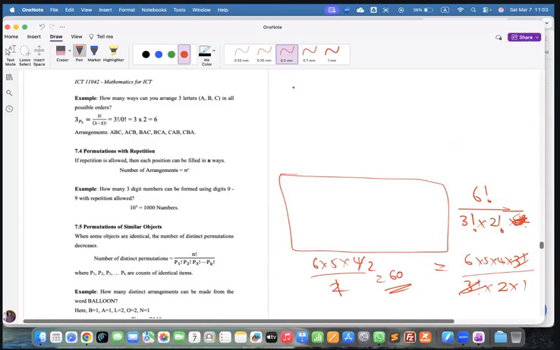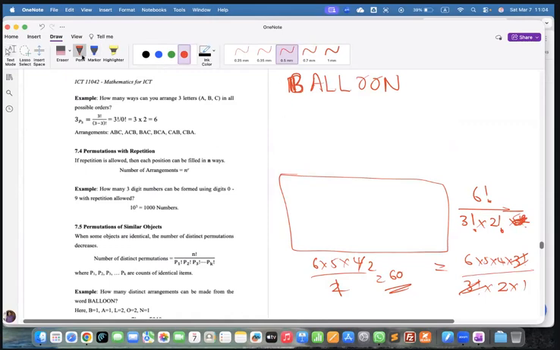Now they are giving a word, BALLOON, right? Now they are asking a question: how many distinct arrangements can be made from the word balloon? It means by utilizing the letters of balloon, how many words are we making? 7-letter words, right?